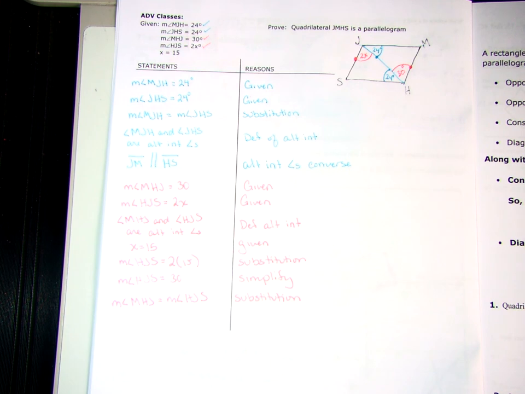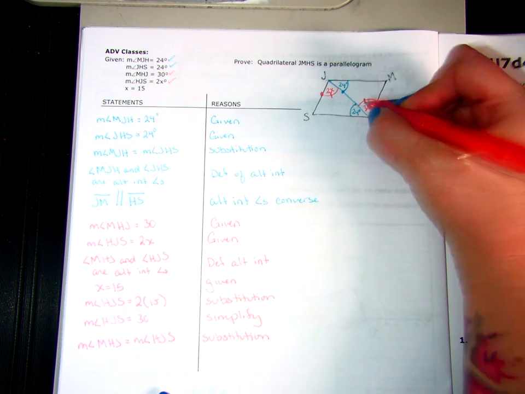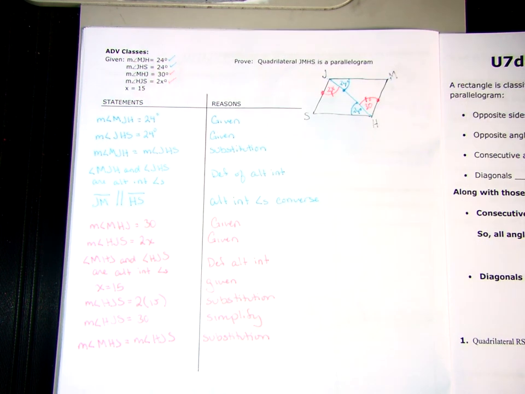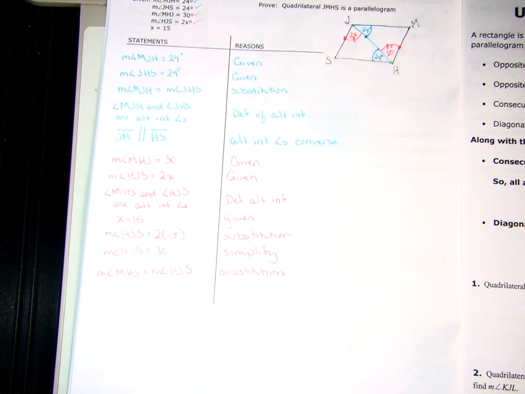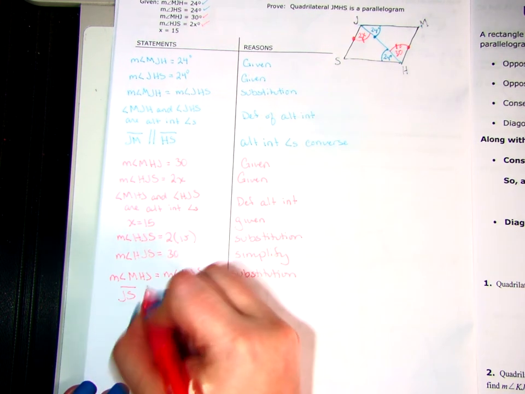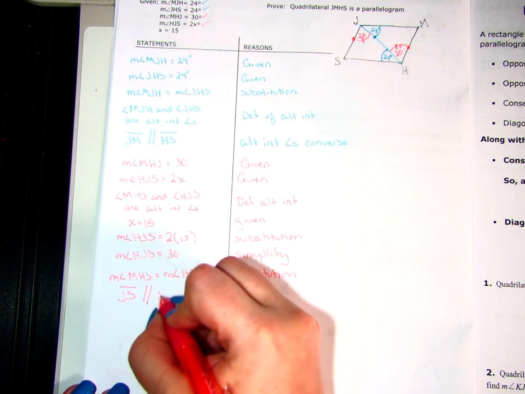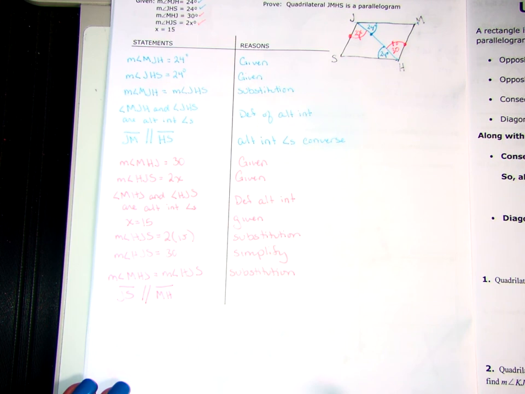So now we've proven that these 2 angles are congruent to each other, and we've proven that they're alternate interior. So they are alternate interior angles that are congruent to each other. So that means I have what? Parallel sides. My side JS, the left side, is parallel to MH, the right side. What am I going to put for my reason?